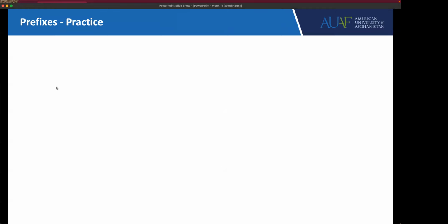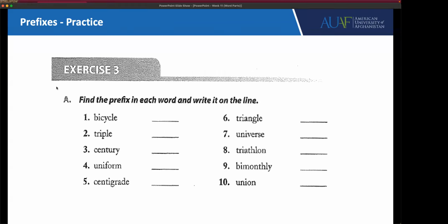Very good. You guys got a perfect score. So here we go, the same thing. I think this is going to be easy for you guys. So, Safa, you want to try the first 5? Go ahead. 1 to 5. Tell me the prefix. Okay, bi is the prefix.